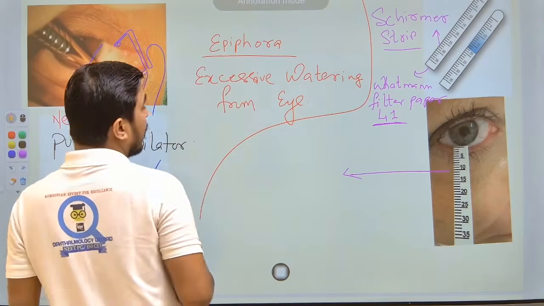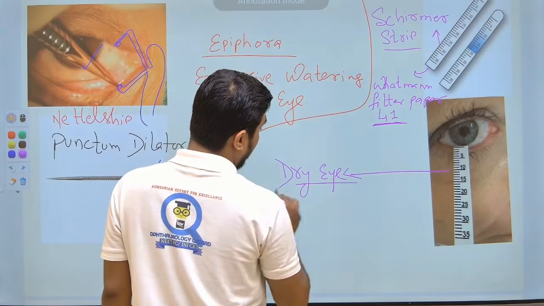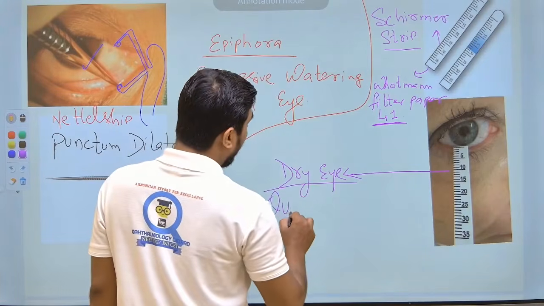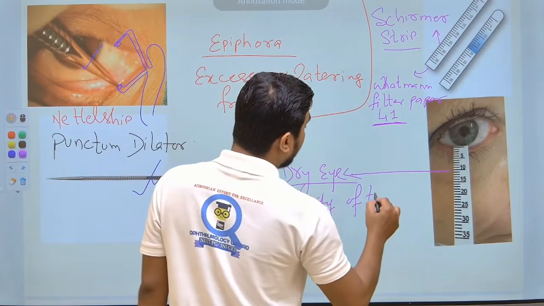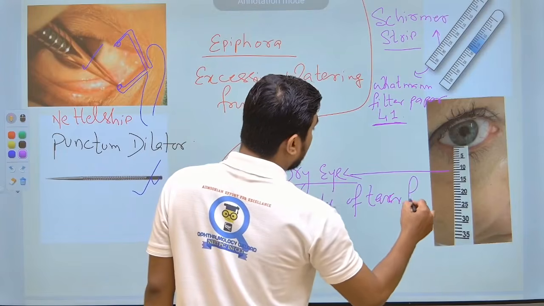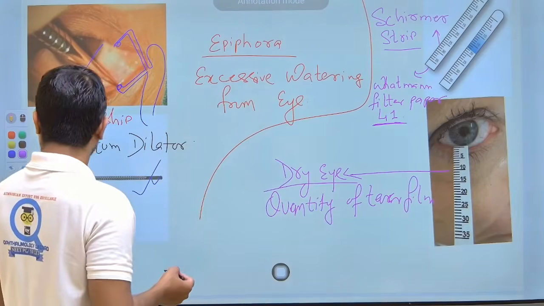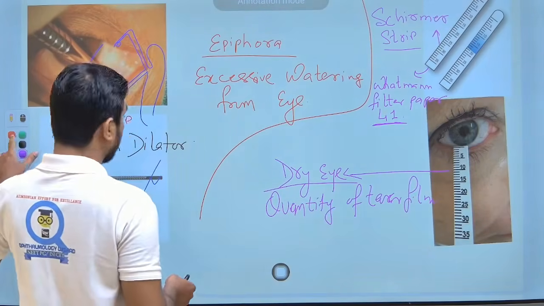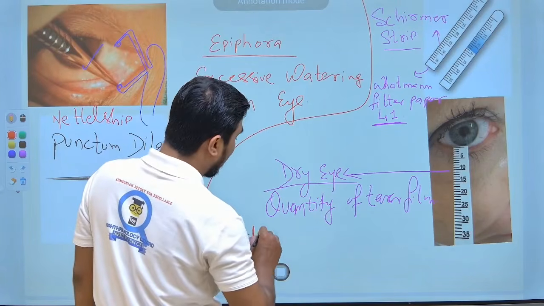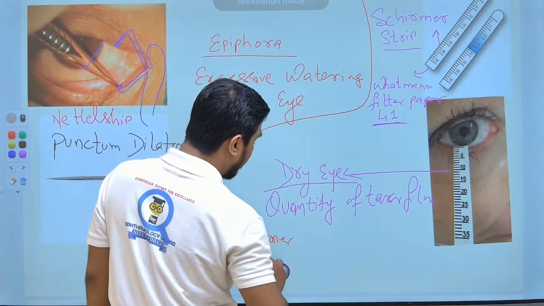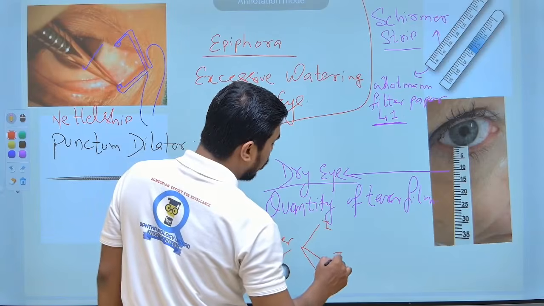Sirmer test, in case of dry eye, we do it for the quantity of tear film. Sirmer test is of two types. Actually 3 types. Sirmer test mostly 1, 2 and 3.